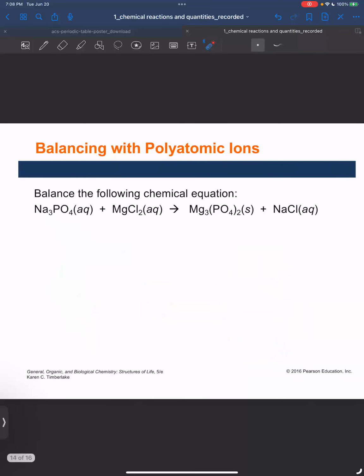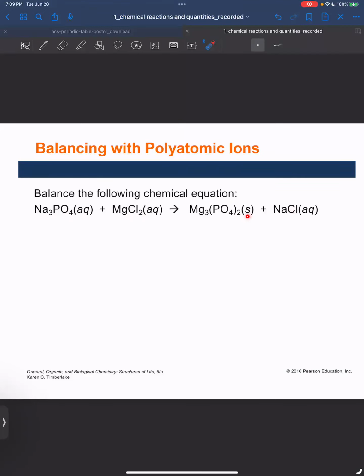So I want to get us practicing it now so you feel comfortable balancing these types of equations. Like I said, this will be a core chemistry skill that will be useful later on. For example, we have this equation here: sodium phosphate plus magnesium chloride to produce magnesium phosphate plus sodium chloride.